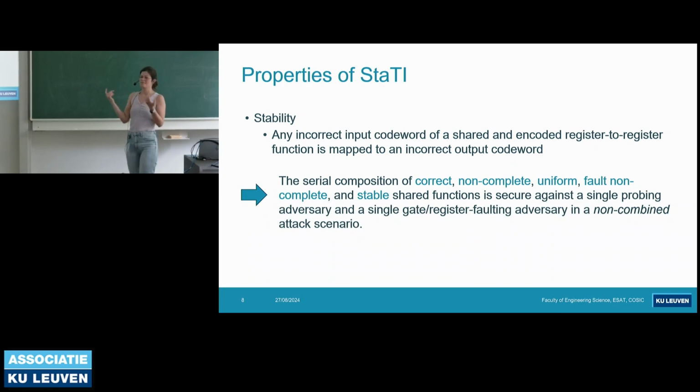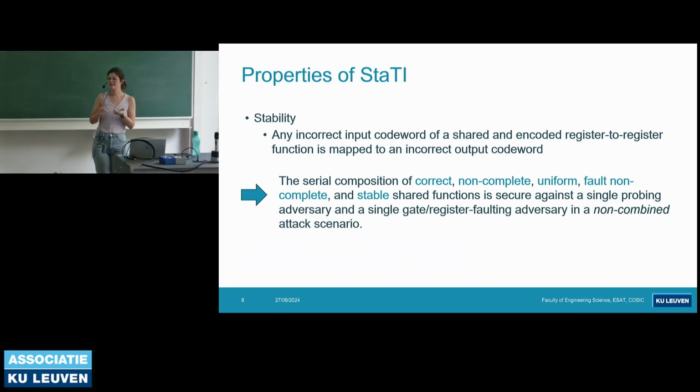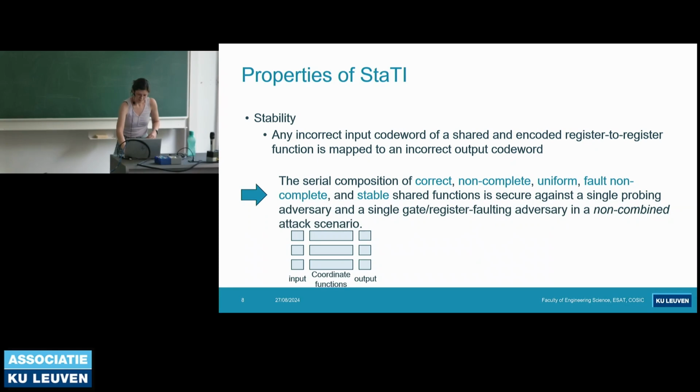The probing part is quite easy, because we are using threshold implementations, and correctness, non-completeness, and uniformity are enough to protect against a probing adversary. What we have next is, imagine this is our function. We have coordinate functions here, and we inject a single gate fault. This is going to affect only one single output bit.